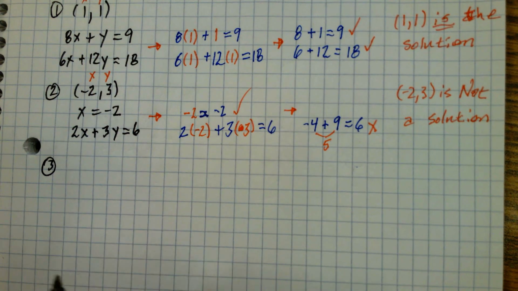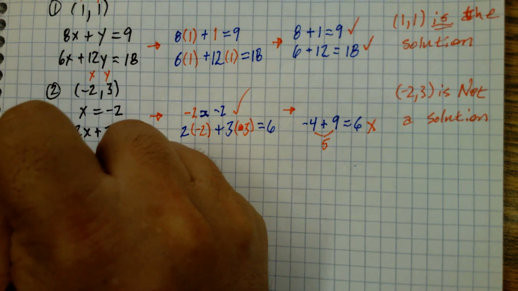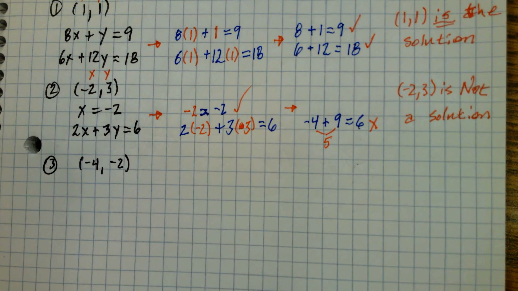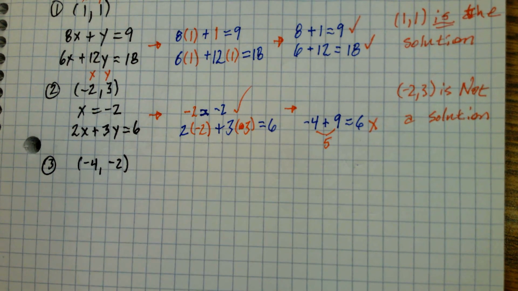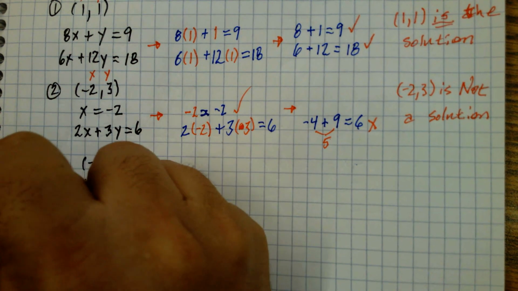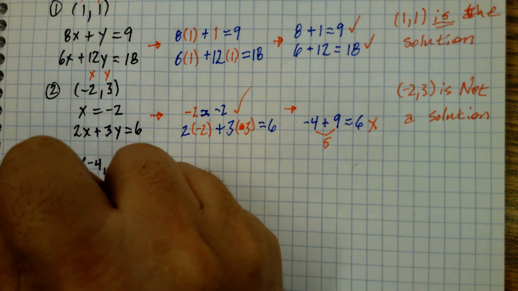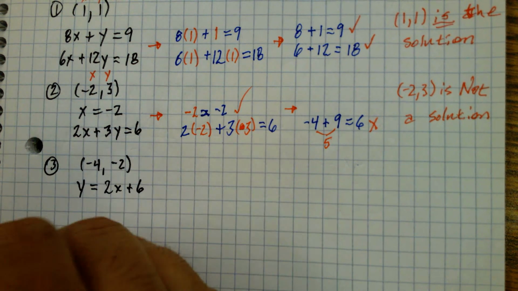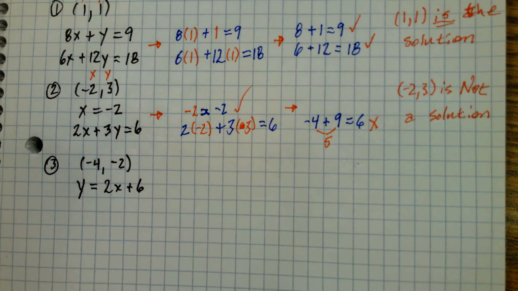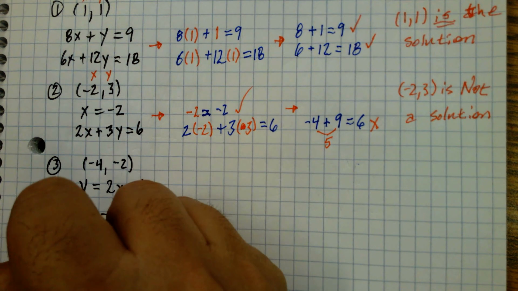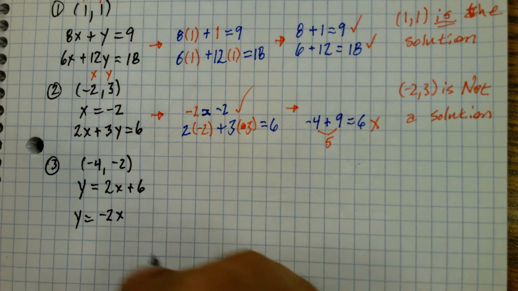So we're going to check and see if negative 4 comma negative 2 is a solution. Okay, and here's the equations. The first one is y equals 2x plus 6, and that's in slope-intercept form. And then y equals negative 2x minus 10.